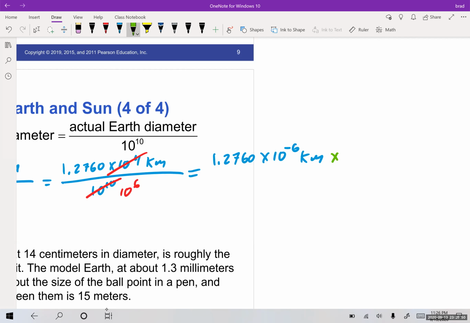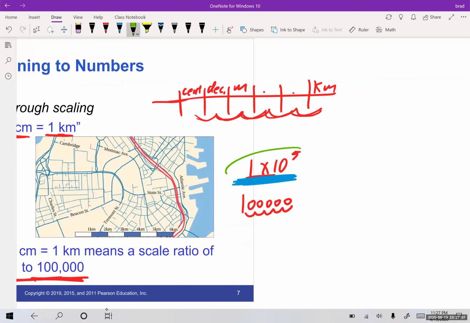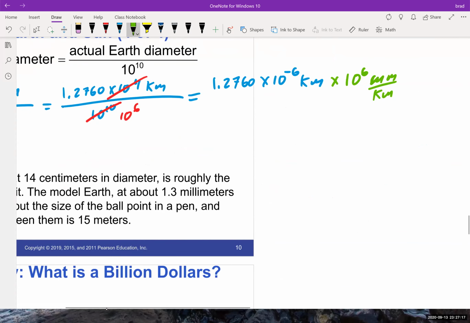We're going to multiply this now by 10 to the 6th millimeters to kilometers. Because the conversion I did over here was 10 to the 5th, from kilometers to centimeters, and millimeters is over here, so we have to go one more. This is just using the previous knowledge we had from that problem.